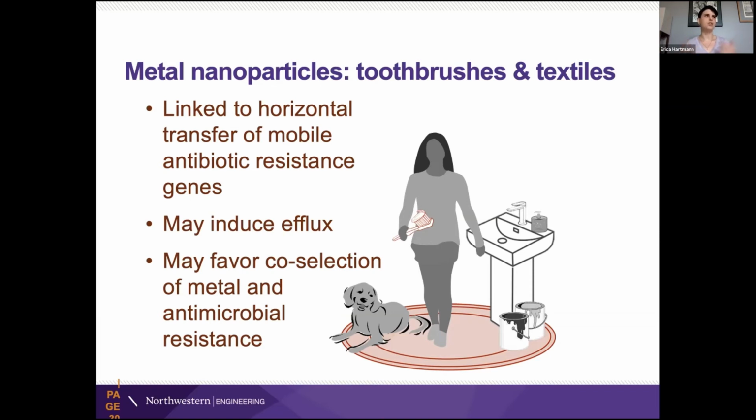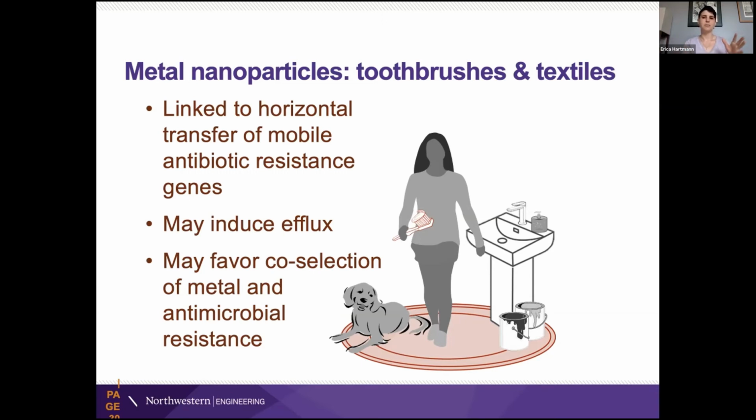So without even having a change in the genetic determinants of antimicrobials, you make them temporarily more tolerant by inducing efflux. And they may favor co-selection of metal and antimicrobial resistance genetic determinants, because some of these metal resistance genes and antibiotic resistance genes are co-located on mobile genetic elements.